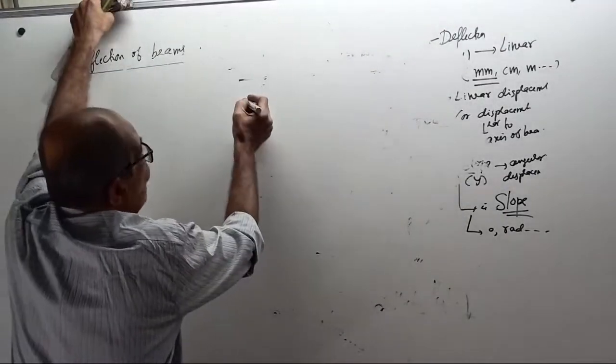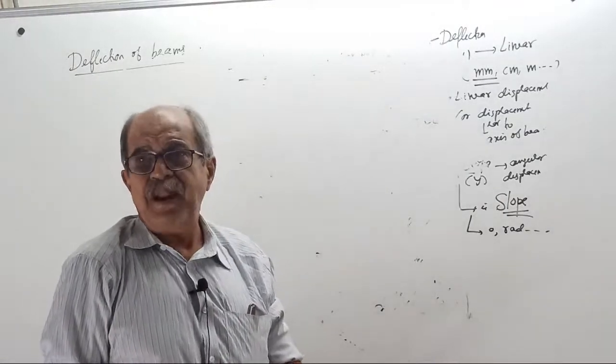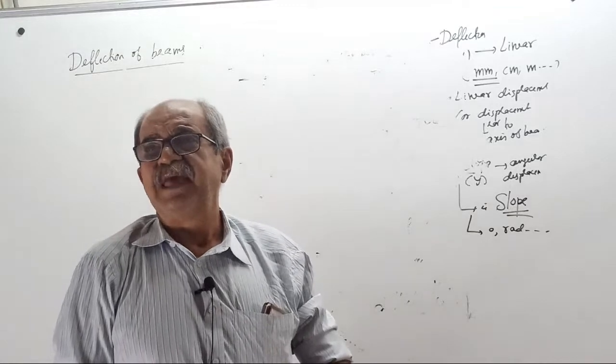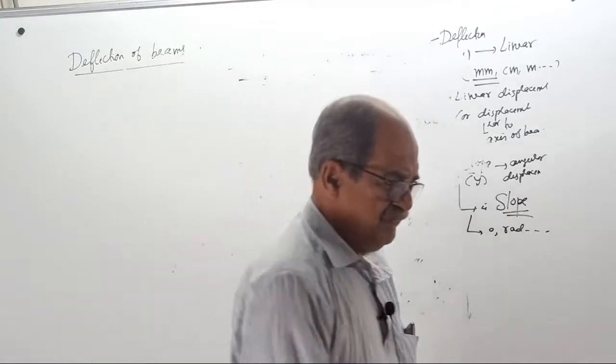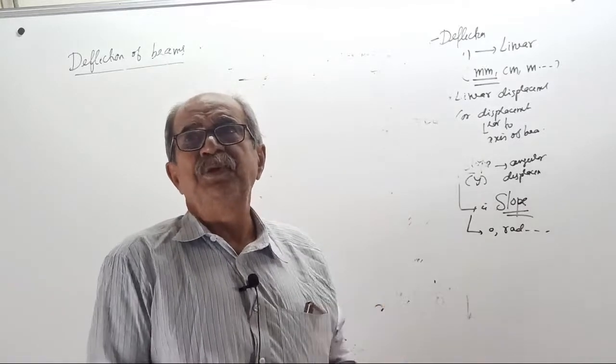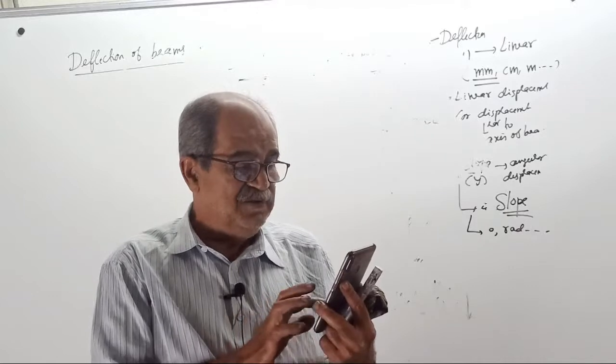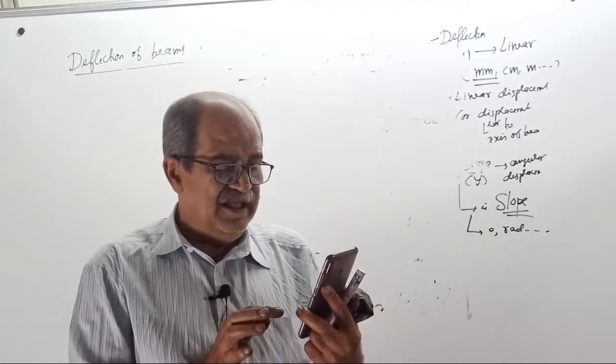Now, when a beam deflects, practically, can you see the deflection? Can you look at the beam and see the deflection? If you can see the deflection, you will not stay in the building, first of all. You will run away from the building.